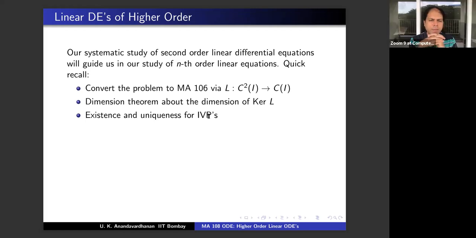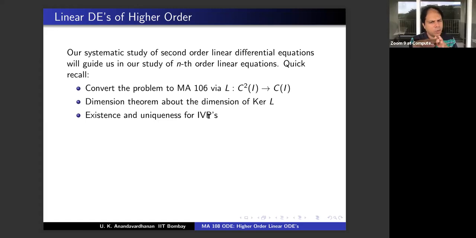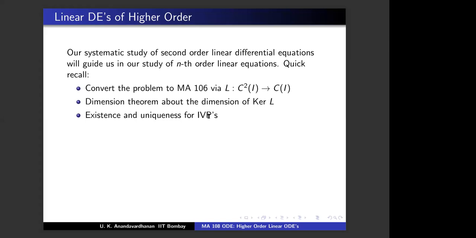So how will an IVP look now? You have an nth order linear equation and one point x0, and y at x0 will be given some value, y' at x0 will be given, up to the (n-1)th derivative. So all these will be given.